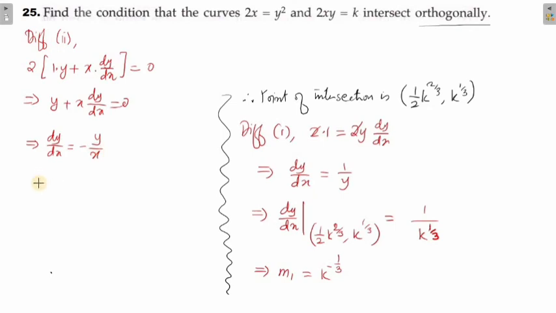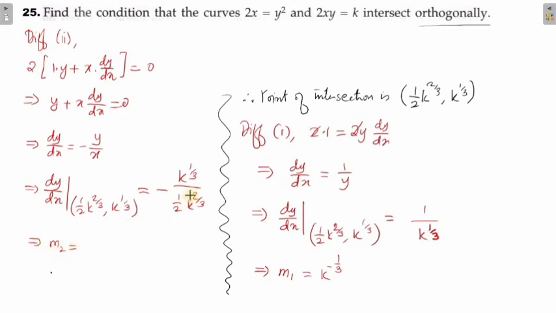But at the specified point, half k to the power 2 by 3 comma k to the power 1 by 3, dy by dx turns out to be minus y, which is k to the power 1 by 3, and x is 1 by 2 k to the power 2 by 3. Let me call this m2.